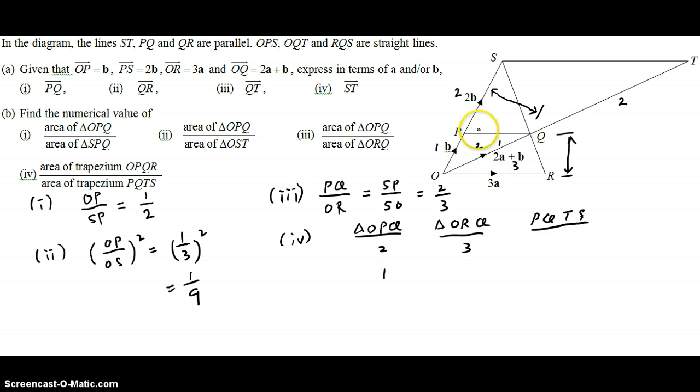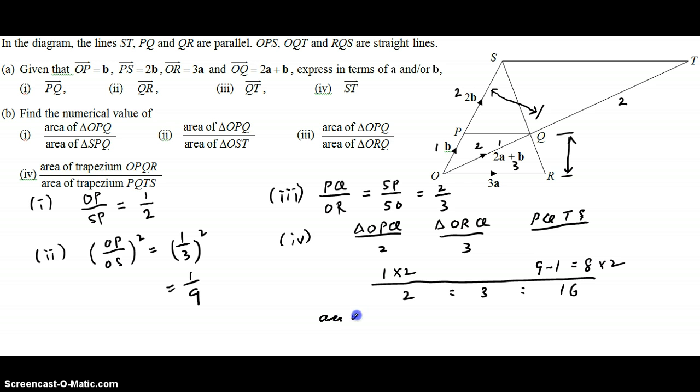If the big triangle is 9, therefore the trapezium has to be 9 minus 1, which is equal to 8. Now to have a common ratio, if this is 2 units, you have to multiply this by 2, so you end up with 2:3:16.